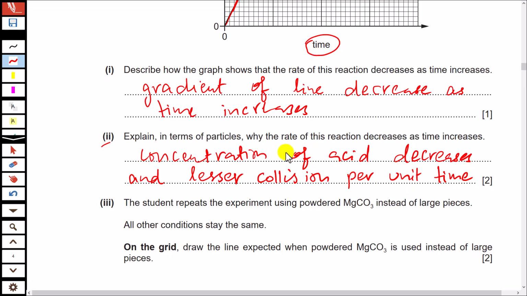Because there are fewer particles, there will be fewer collisions per unit time. So we can say that the rate of reaction is decreasing.